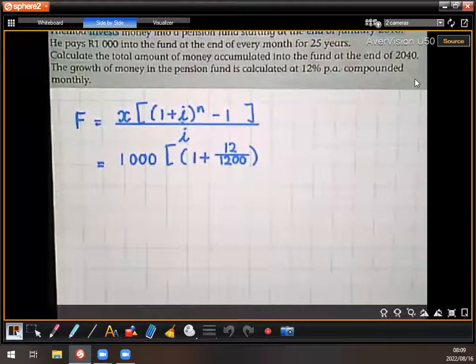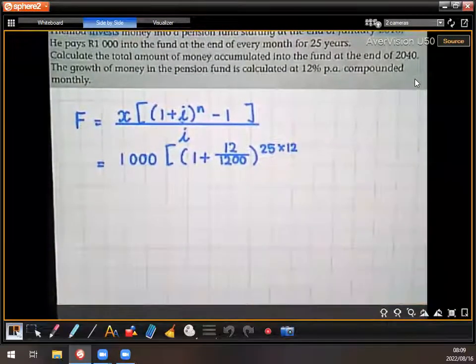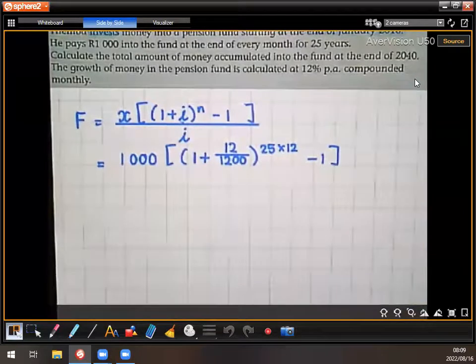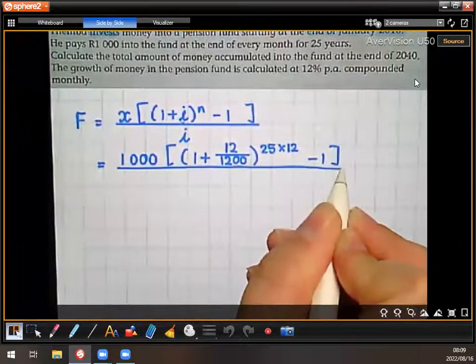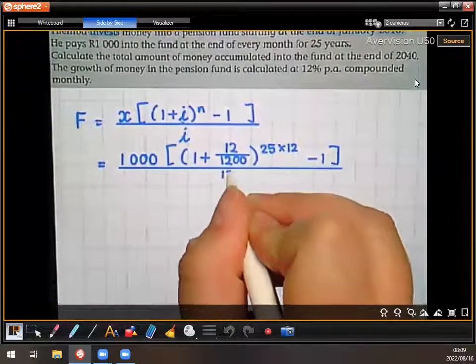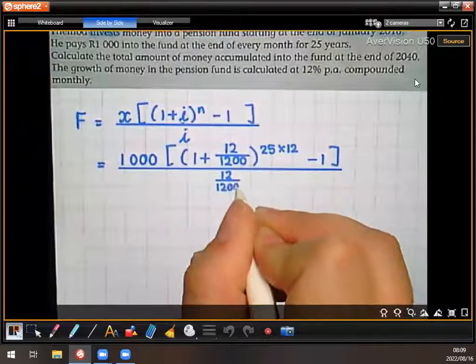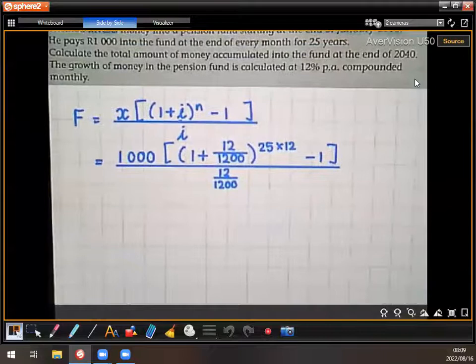So the power is 25 years times 12. On the payment we go minus 1 to close off with the bracket, over that same interest rate.